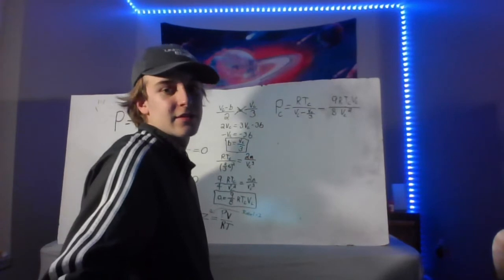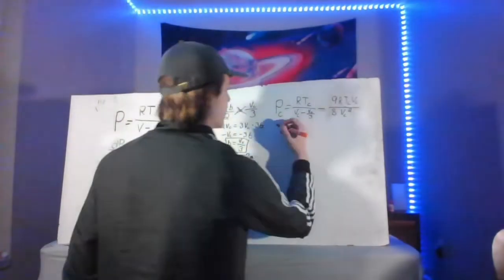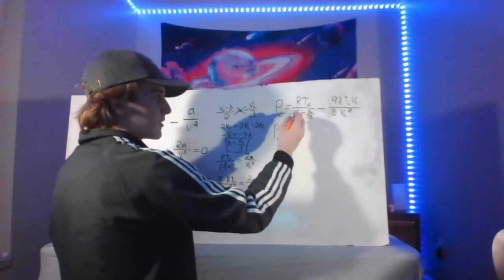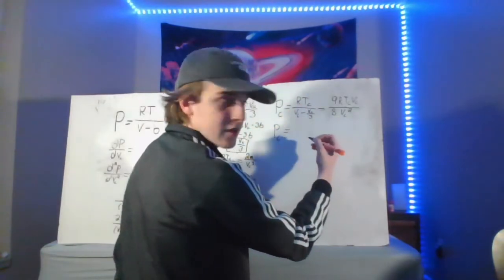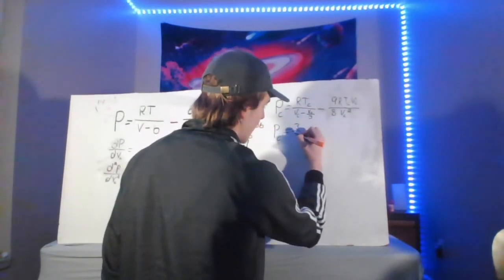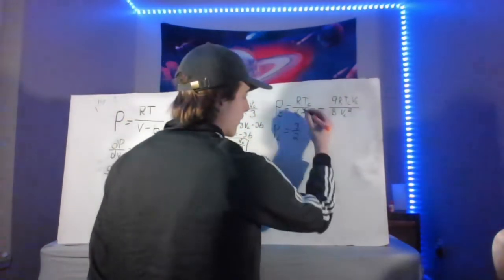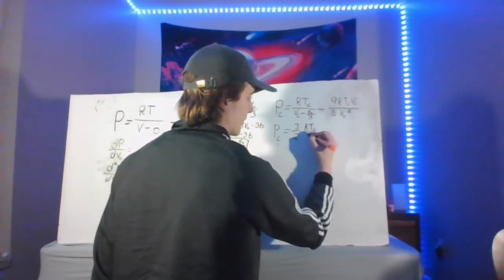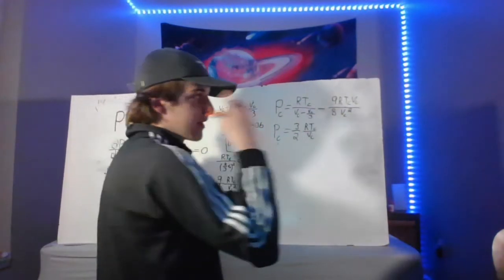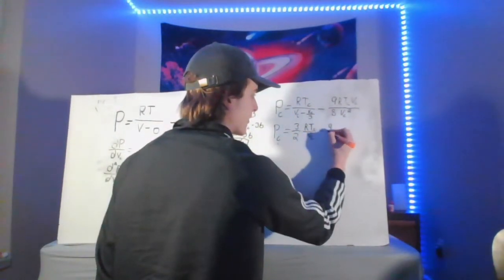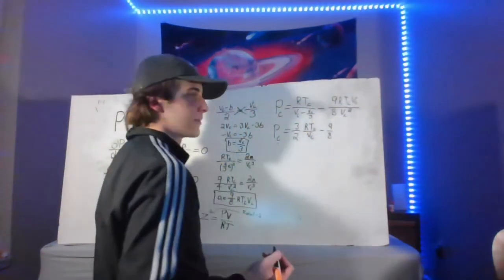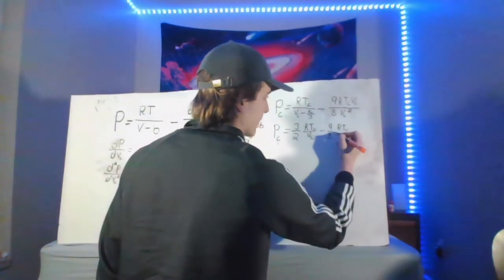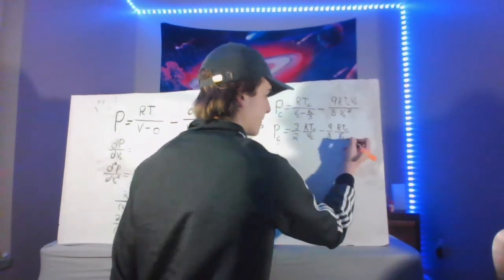So now we can simplify this to the critical pressure equals 3/2 times R times the critical temperature over the critical volume, and then minus 9/8 times R times the critical temperature over the critical volume.